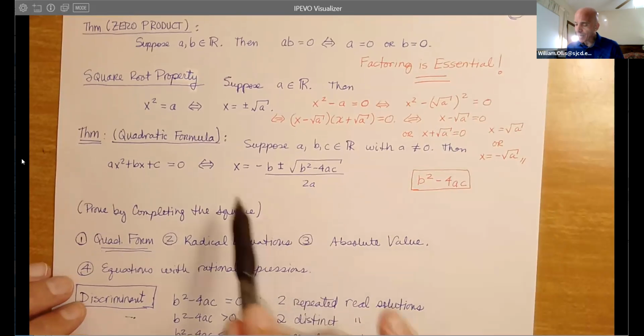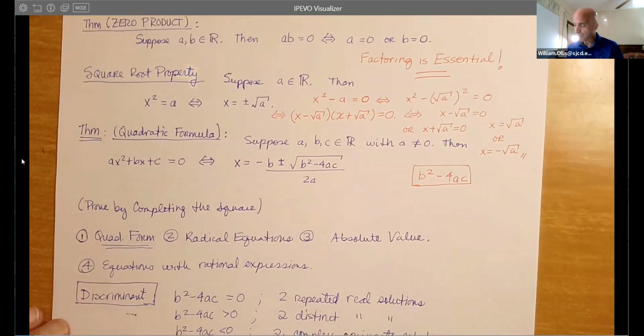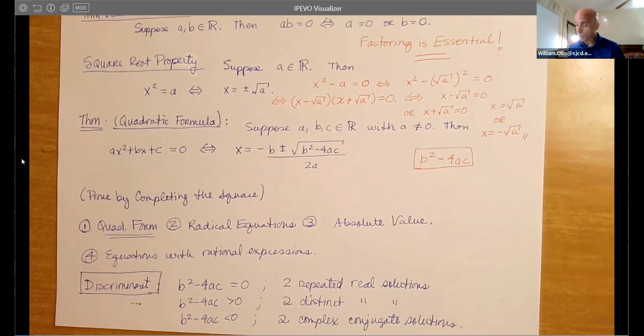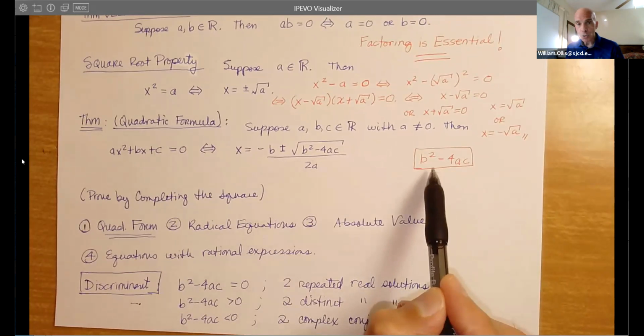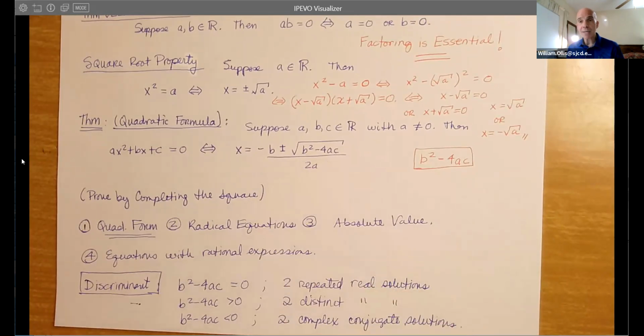Now, before we actually talk about how we derive this, we want to use it a little bit. And I just want to remind you of a couple of things from your college algebra. Remember here, the b squared minus 4ac term, which is the argument of the radical, this is called the discriminant.